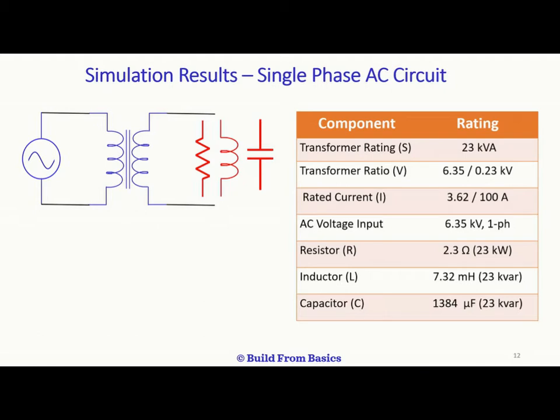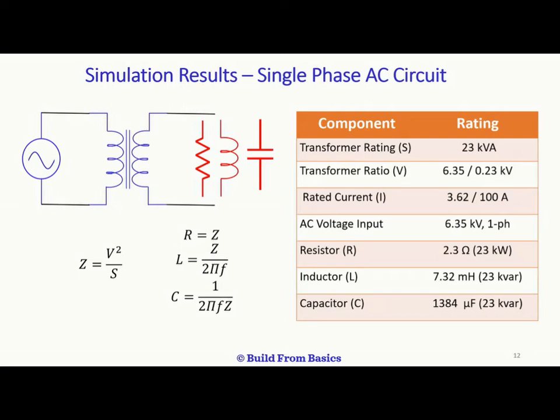Now let's calculate the resistor, inductor and capacitor using these formulas. Z is the impedance. Z is equal to V squared by S. Here V is the voltage, that is 230, and S is the power, 23 kVA. So R is equal to Z, L is Z by 2πf, and C is equal to 1 by 2πfZ. If we use these formulas, we will get these values. R is equal to 2.3 ohms, and the inductor L is 7.32 millihenry.